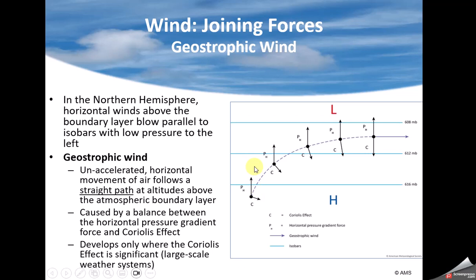So instead of going straight, it's going a little bit at an angle. With time, the two forces become balanced because your velocity has increased and the Coriolis force gets stronger with the faster velocity, so that you reach a balance. That is when the wind is going parallel to the isobars or contours. If they're going parallel, these are geostrophic winds. They're not going in a circle, they're going parallel. Perfectly straight.